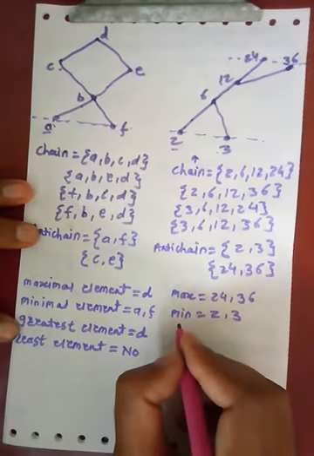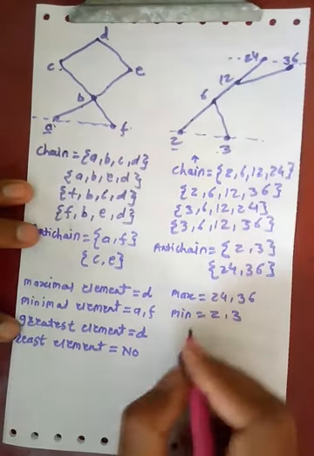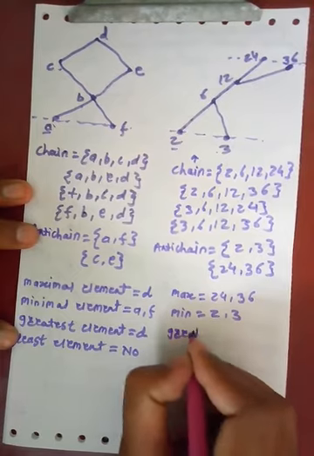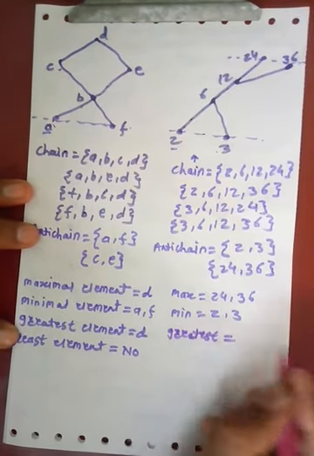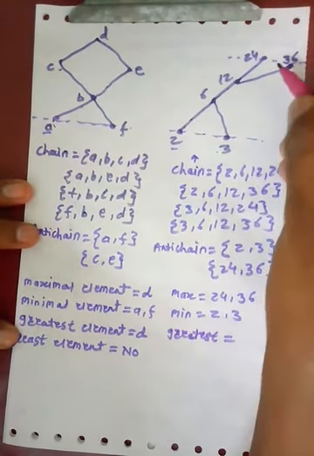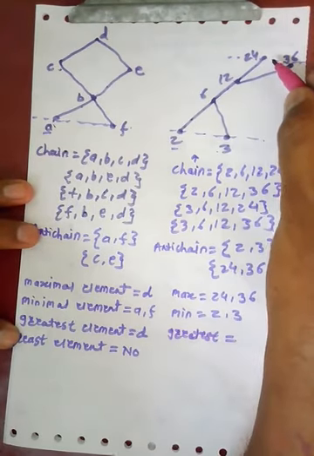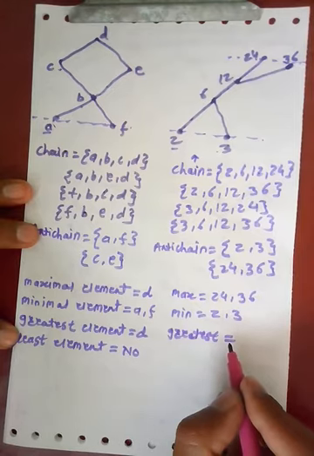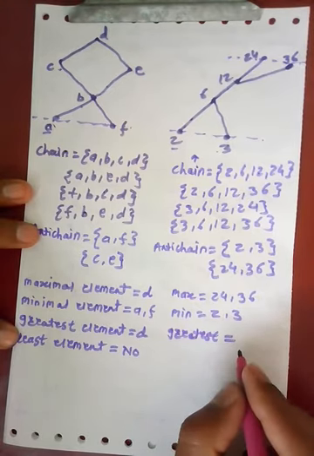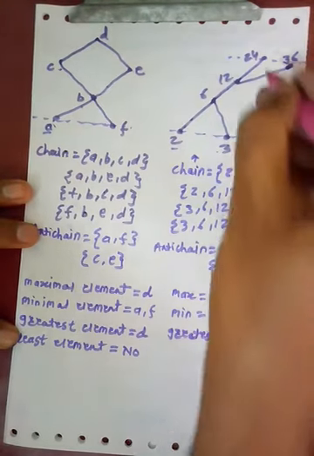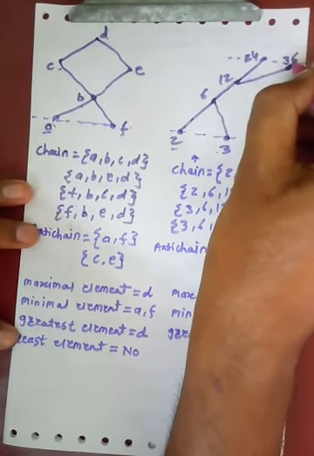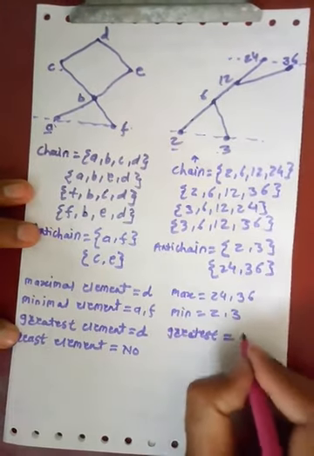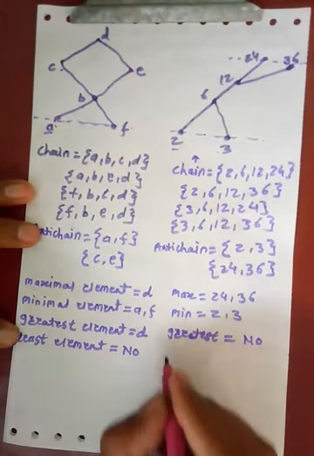Now next one, see the second diagram. In that, the greatest element is the single element which is at the top or highest level, but here 24 and 36 are at the same level, so there is no greatest element.